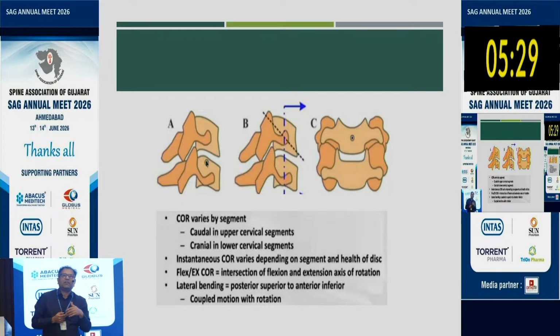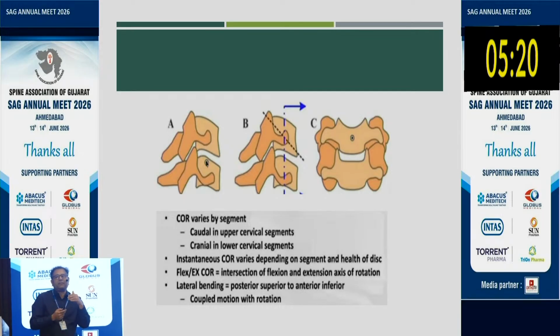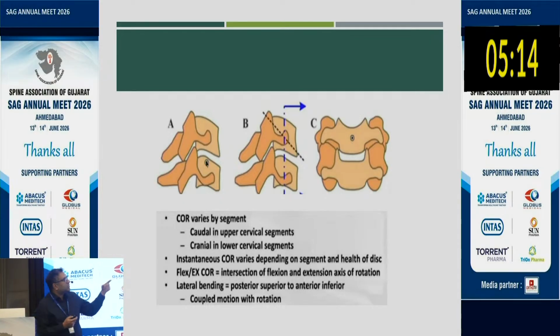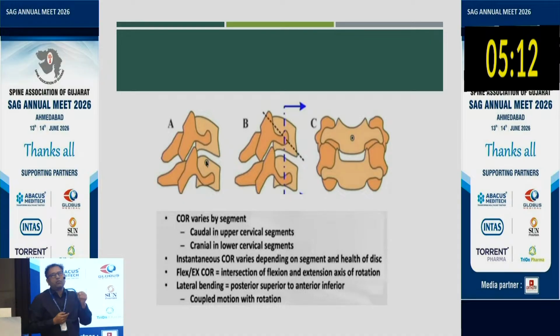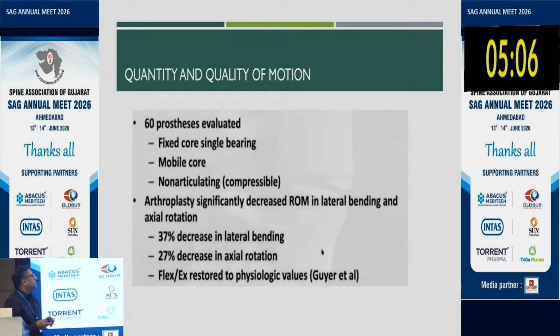So C6-7 will be at the superior part. C5-6, you will have more at superior than inferior. And above that, they will be at the inferior part. So whenever you do a foraminotomy, this is very important, because where you go and take out the osteophyte and the disc becomes very important to know.